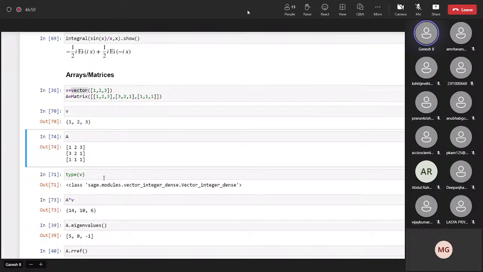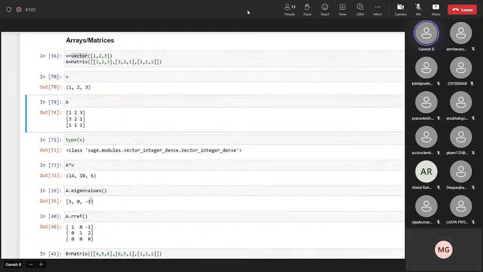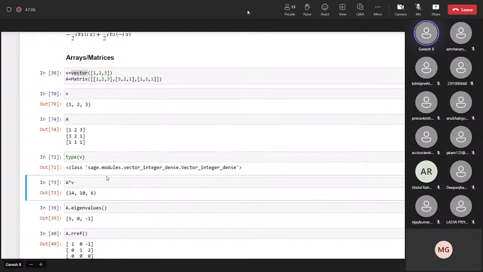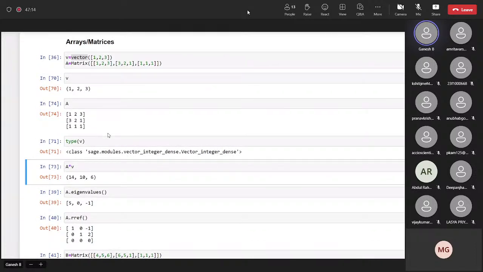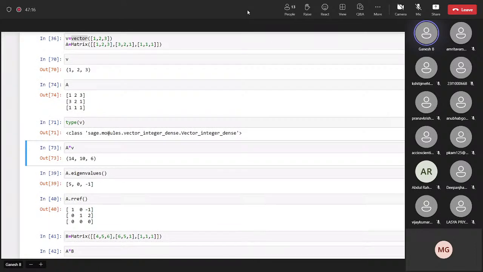So A star B makes sense. It's a 3 cross 3 times 3 cross 1 matrix, which will give you a 3 cross 1 matrix again. This is a vector. Try doing this by hand, and you will get the same output when you operate this matrix on this vector. So matrix multiplication is just as simple as putting a star in between.